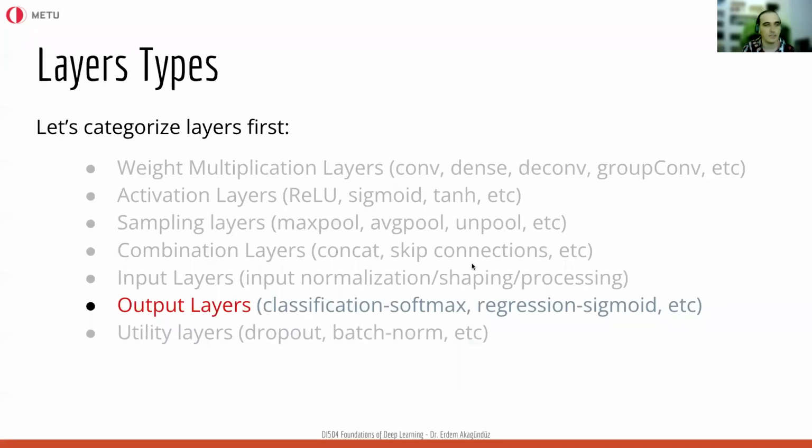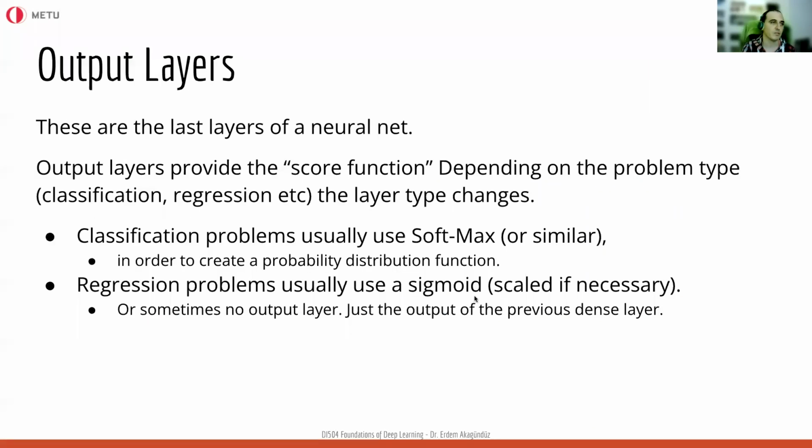Okay, enough information about input layers as well. Output layers: this is the final layer, in contrast to the input layer. These are the last layers. They decide on something, so depending on the type of your problem, what they decide will change. Before this layer, you have a score function, which is highly correlated with the decision that you are trying to make.